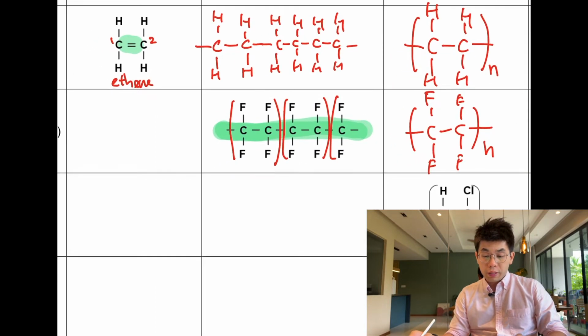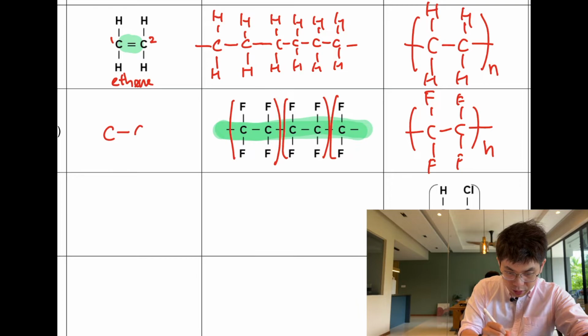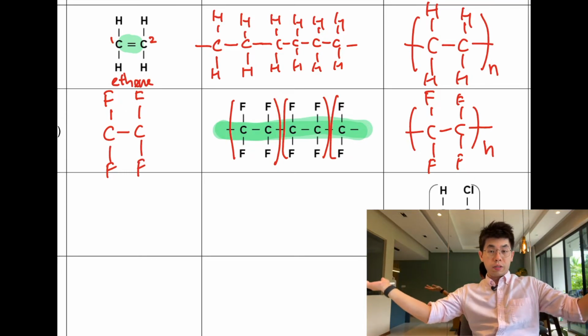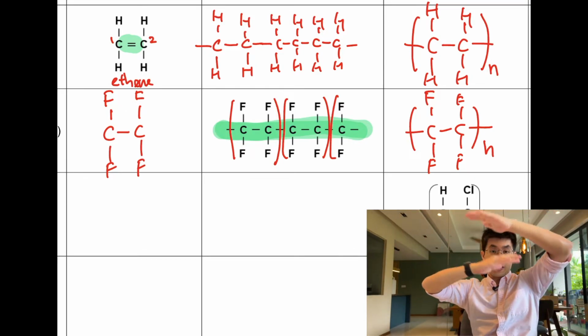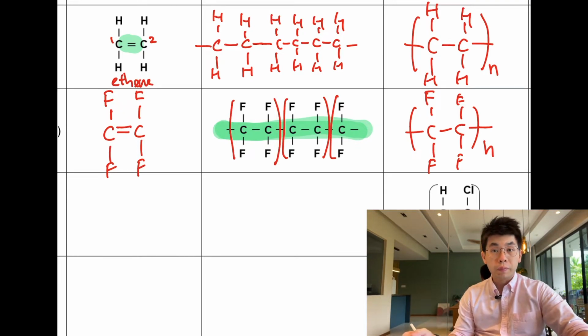How do I convert this polymer to the monomer? I draw the same thing again: C, C, F, F, F, F. Remember what I told you just now, the polymer is the hands stretched out like that, so it goes back and joins this way. So then it goes back to the double bond. Now this is the monomer.